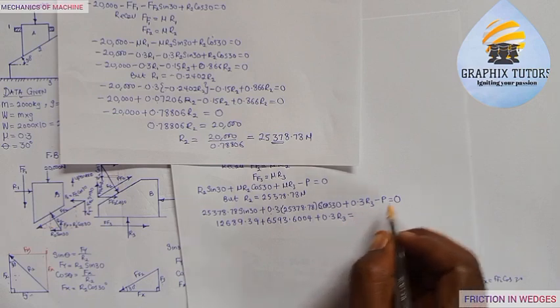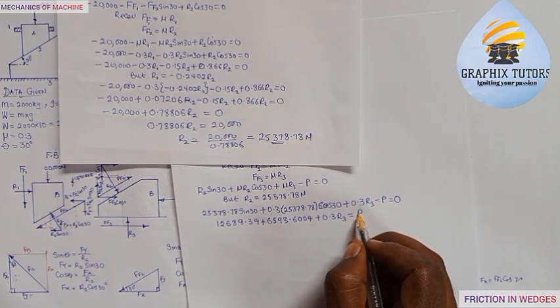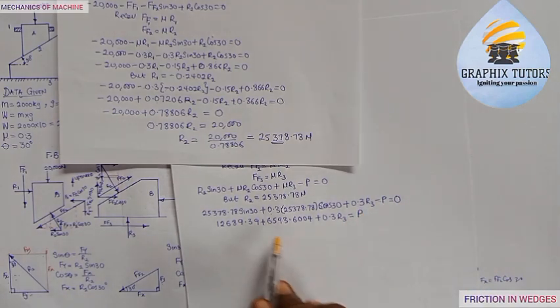is equals to what? I'll take P to this side, is equals to P. So when I add these three together, this is what I'll be having here.